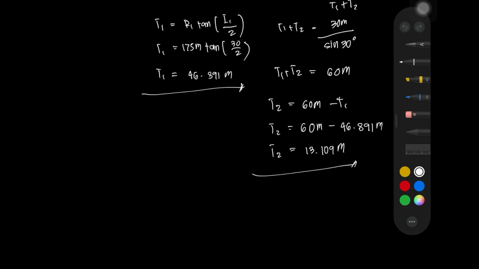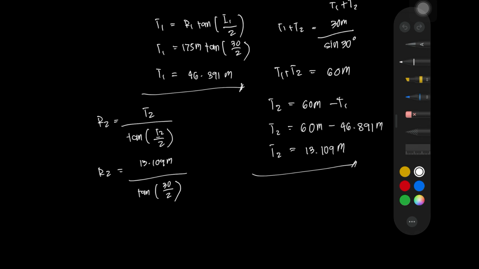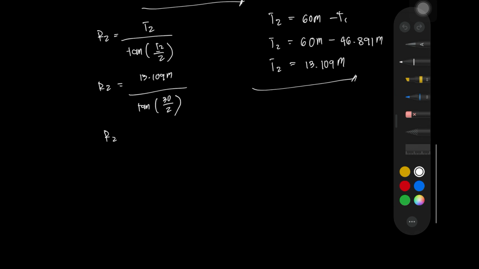Having these values, we can now solve for R2, which is equal to T2 over the tangent of I2 over 2. So R2 is equal to 13.109 meters over tangent of 30 over 2. From the calculator, we get 48.923 meters.